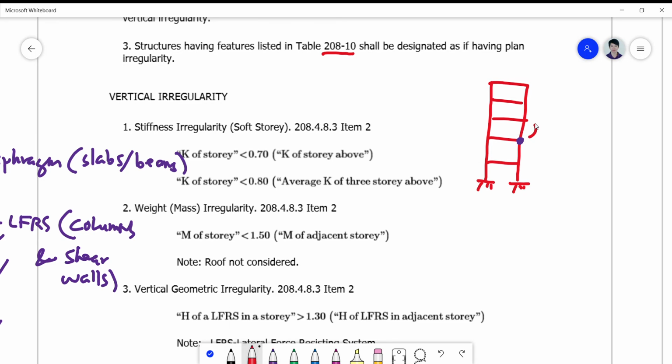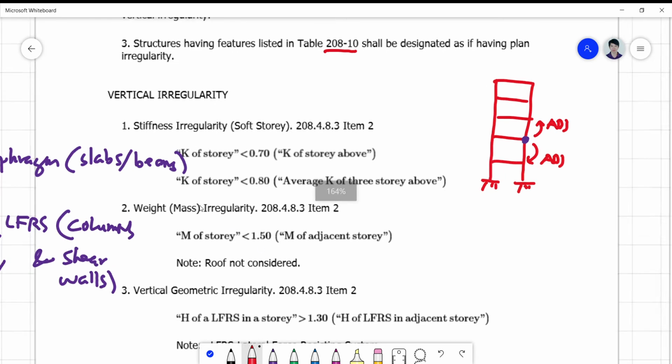So this story and this story are called the adjacent stories. Adjacent means it can be on top or at the bottom, above or below. So basically, the vertical irregularity uses the word adjacent and separates it from a specific description of above and below. Take note of that.